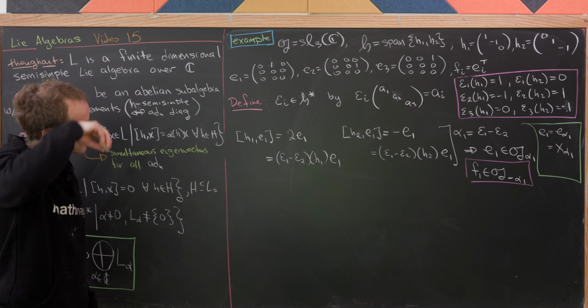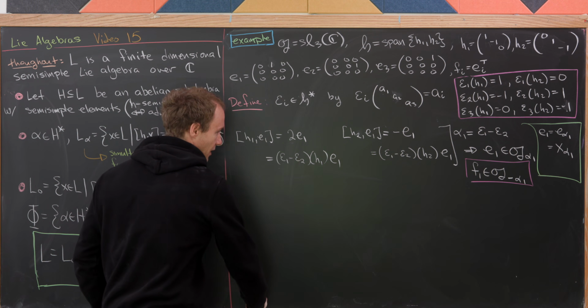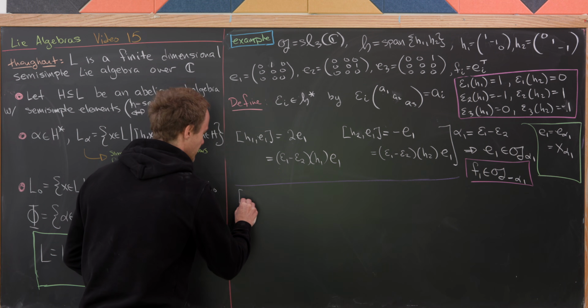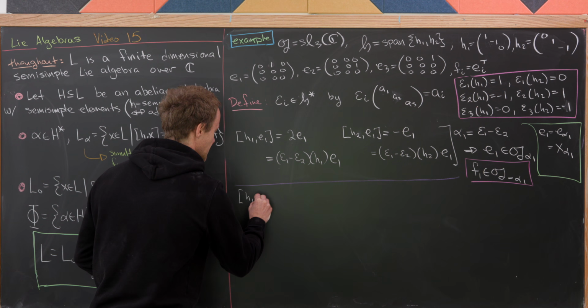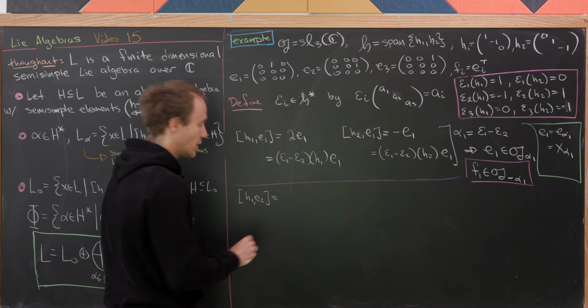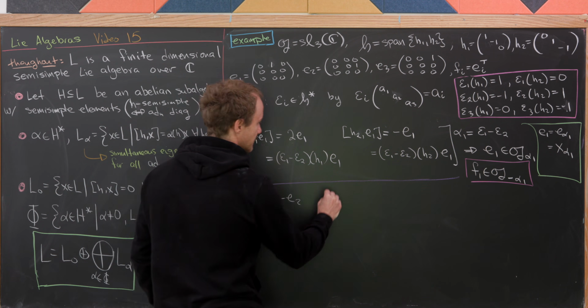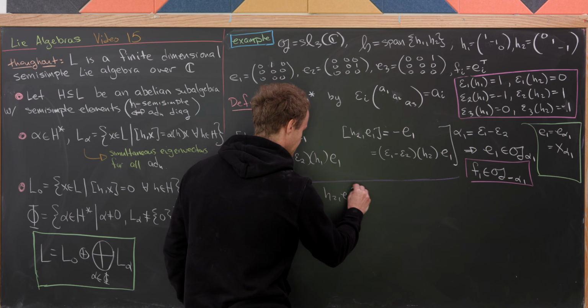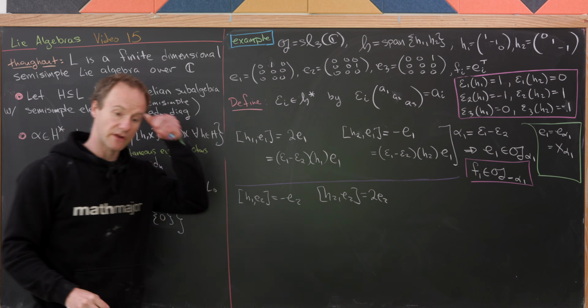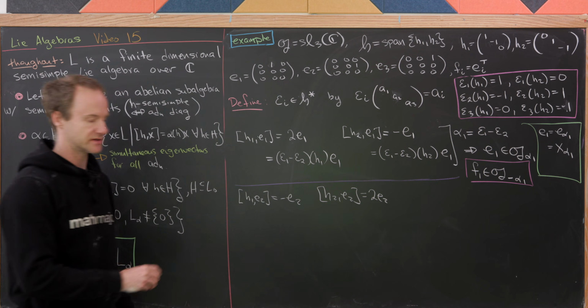Okay, good. Now let's do another round of calculation. Let's observe that if we were to do H1 with E2, what we would get is minus E2. And if we were to do H2 with E2, we're going to get 2E2. That's just straightforward bracket calculations.